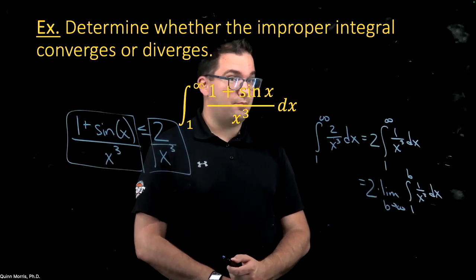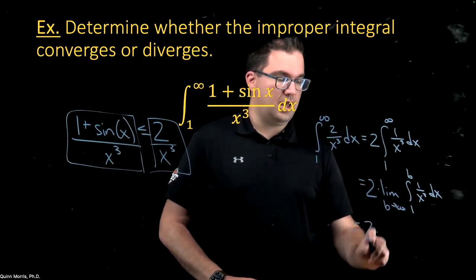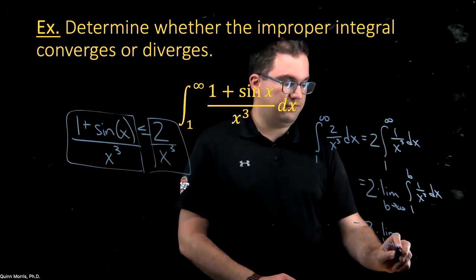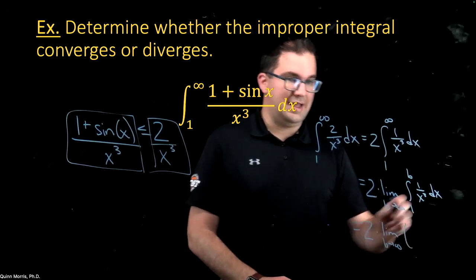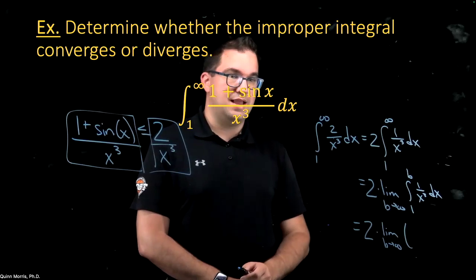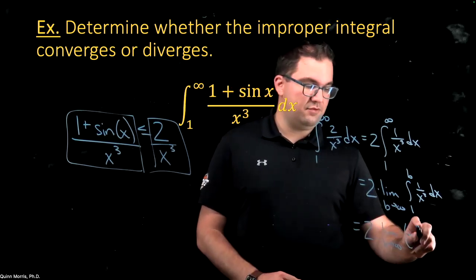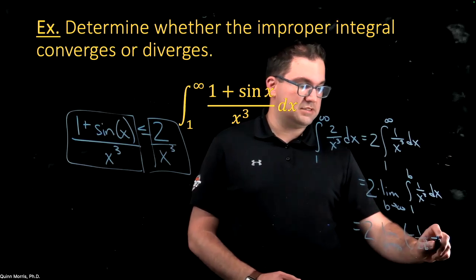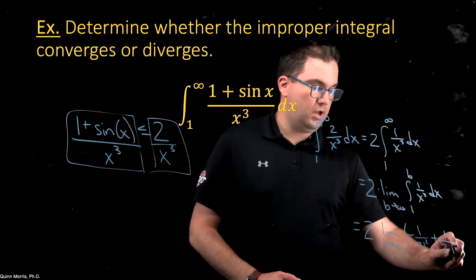Increase the power by 1, so that's x to the negative 2, divided by the new power, negative 2. So this would be 2 times the limit as b goes to infinity of negative 1 over 2x squared, evaluated as negative 1 over 2b squared minus negative 1 over 2 times 1 squared.